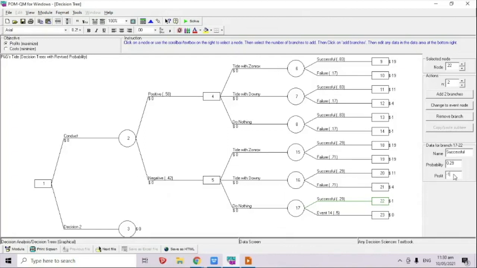It became -1 because of the cost of survey of $1,000. So, it went lower, negative, because this is under conduct. Okay? So, this is failure. Then 0.71 probability. And -1. Okay? -1 payoff. So we are done now, guys, under conduct.